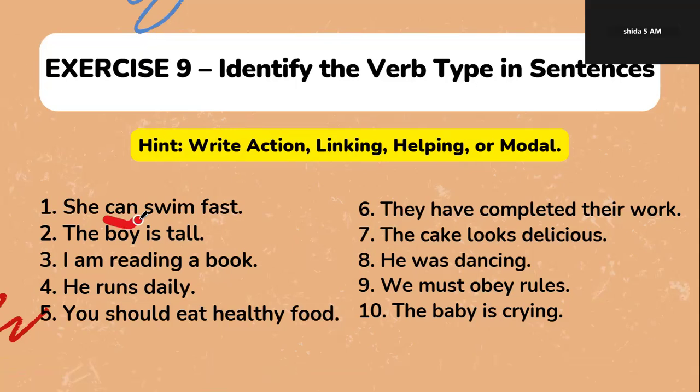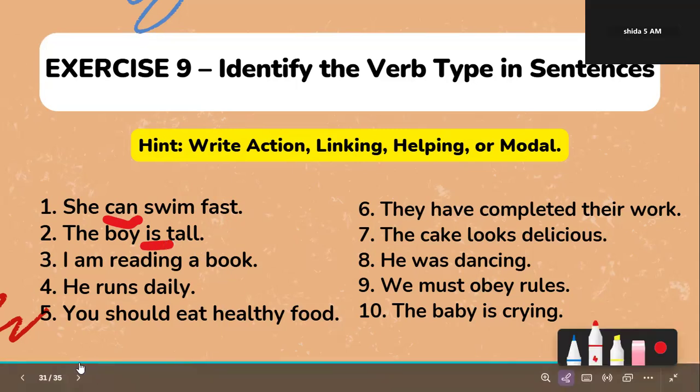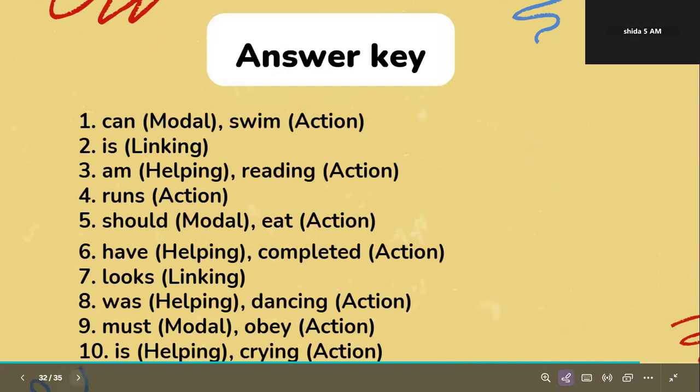It shows a kind of ability, so it's a modal verb. Then, the boy is tall. What kind of verb is it? Yeah, it's a linking verb. Is is linking. Okay?